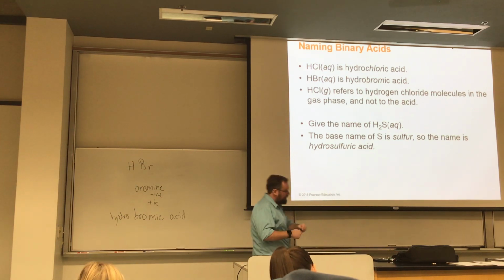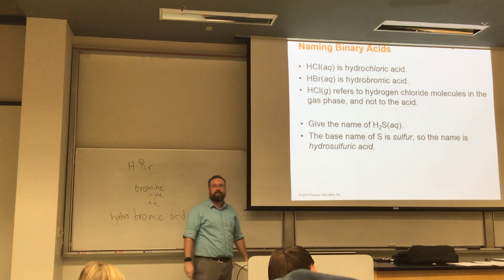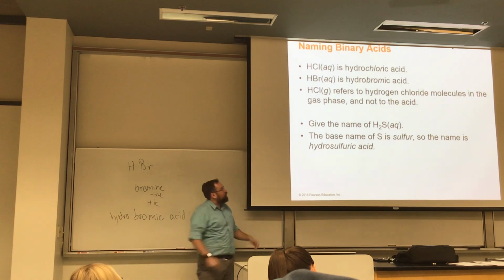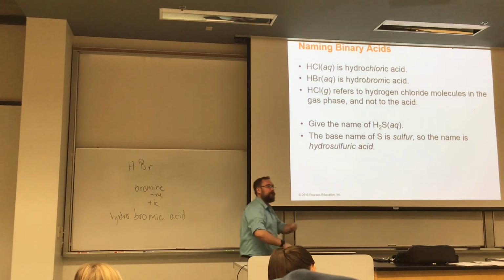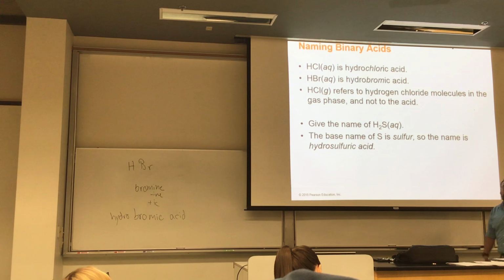Here's the first time we're seeing something new. You can see we have these parentheses with an aq or a g after it. That tells us the phase that we will find this compound in. The three common phases we're used to hearing about would be solid, liquid, or gas. So HCl(g) is gaseous hydrochloric acid.